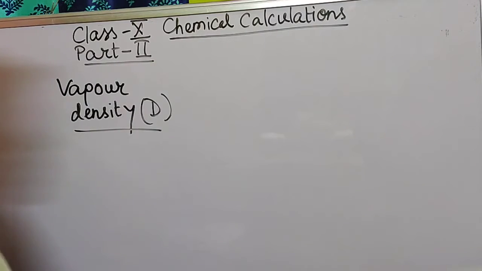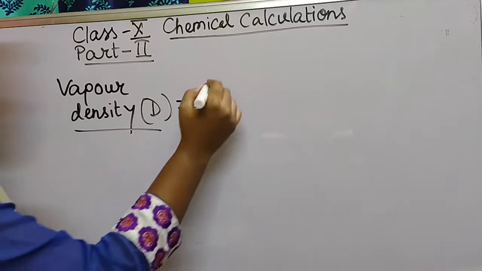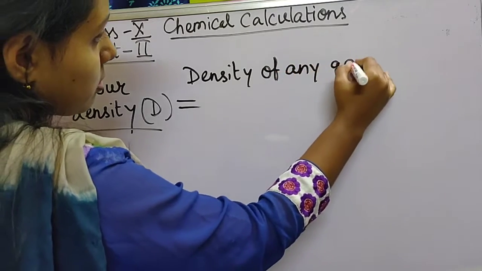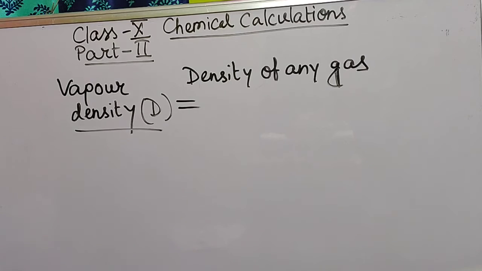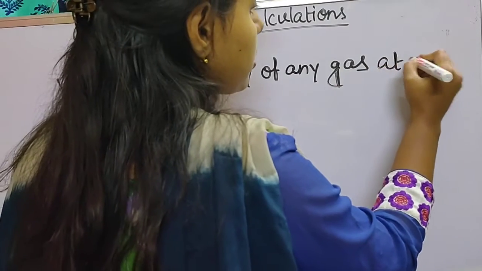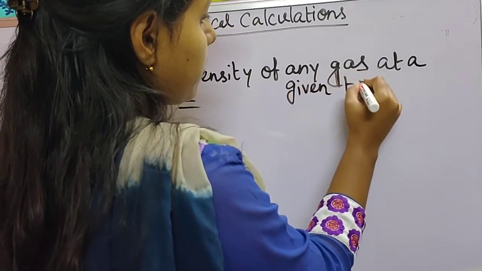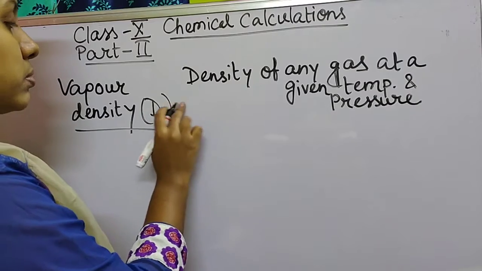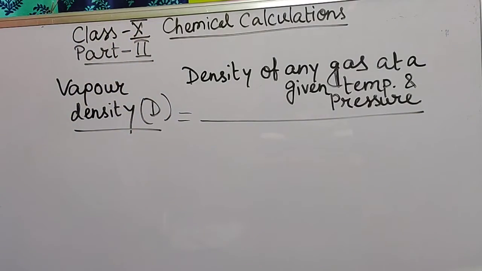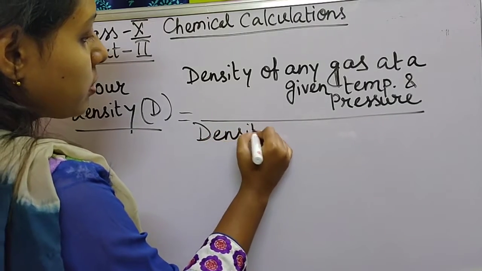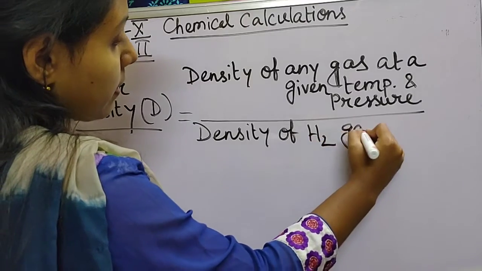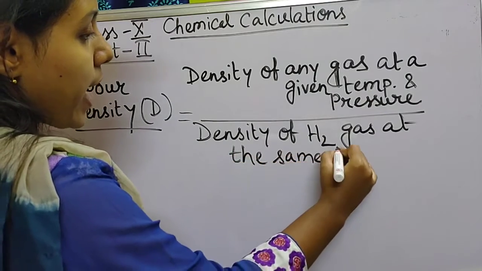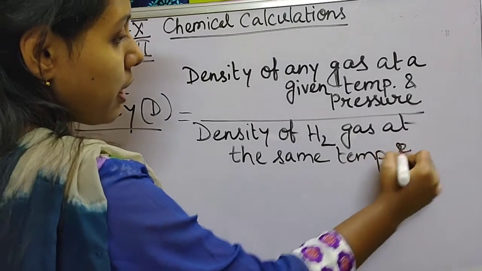So this is the formula of vapor density: density of any gas at a given temperature and pressure, divided by the density of hydrogen gas at the same temperature and pressure.